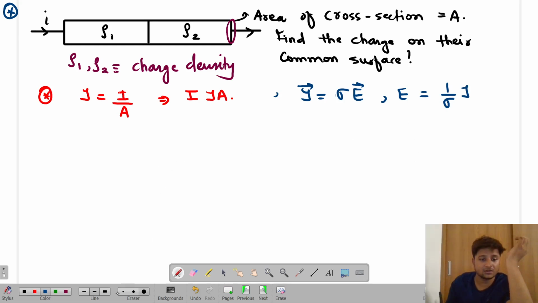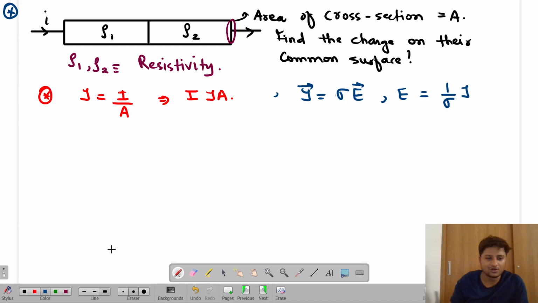Okay, so this is not charge density. I was right before, it is still resistivity, because there is nothing written in this question. Okay, so look over here.